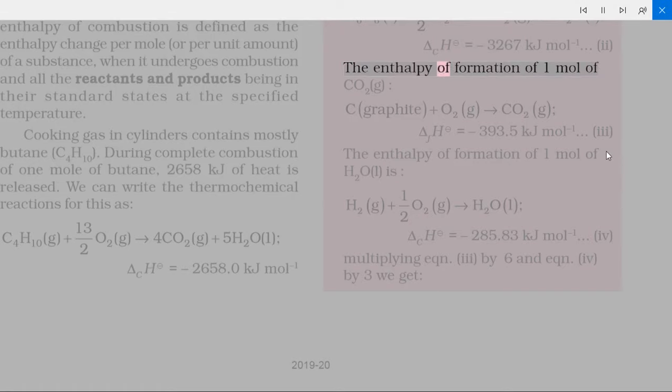The enthalpy of formation of 1 mole of CO2(g) is C(graphite) + O2(g) → CO2(g), ΔfH° = -393.5 kJ mol⁻¹ (3). The enthalpy of formation of 1 mole of H2O(l) is H2(g) + 1/2 O2(g) → H2O(l), ΔfH° = -285.83 kJ mol⁻¹ (4).